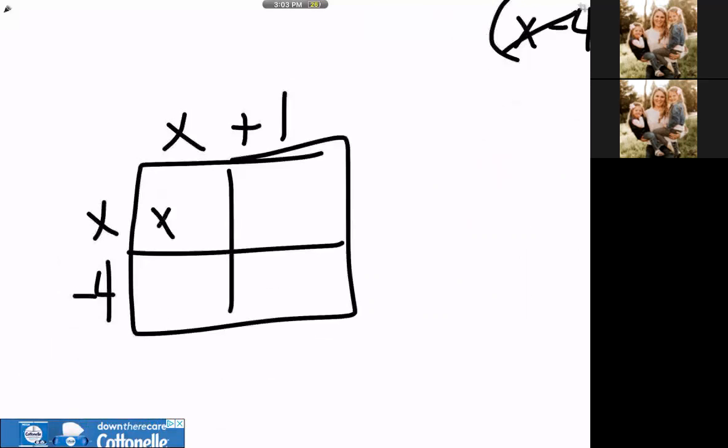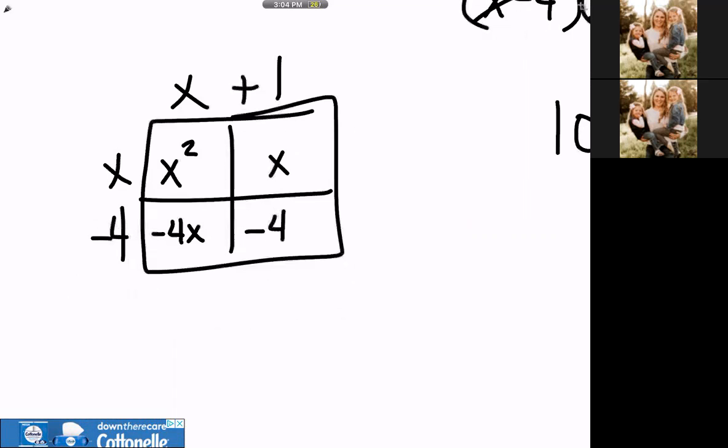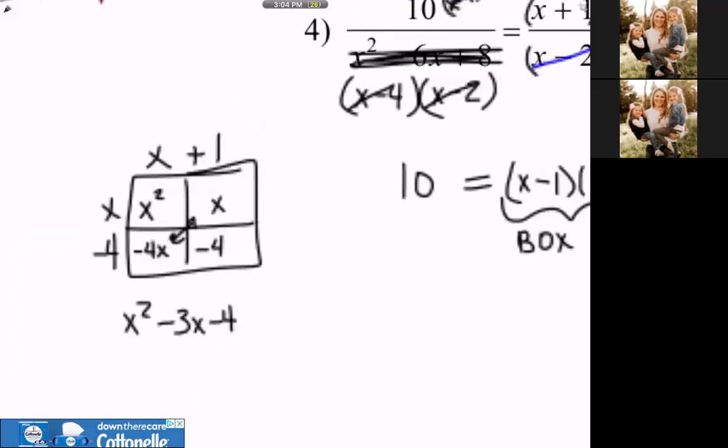Filling out my box, x times x is x squared. x times 1 is 1x. x times -4 is -4x. And 1 times -4 is -4. So when I combine like terms here on my diagonal, I'm going to get x squared minus 3x minus 4.